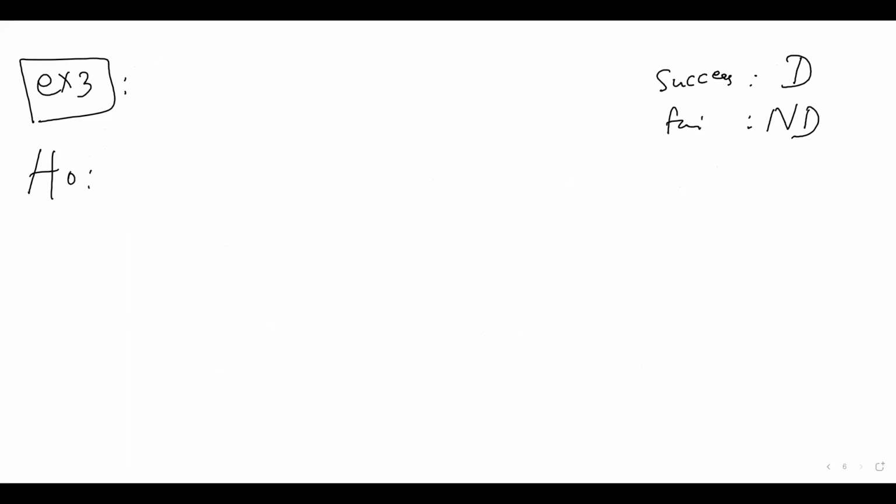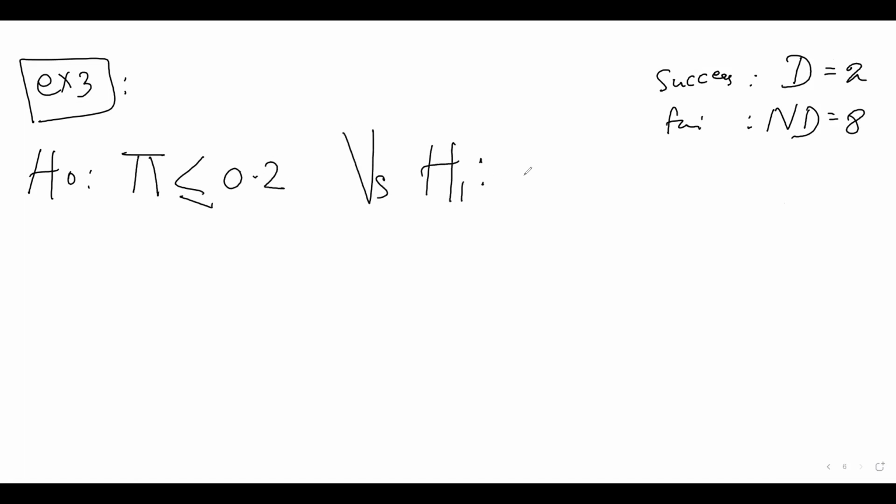In the question it says we have a sample of size 10, with 2 defects. So if it is size 10, we have 8 non-defects. H0 is what? Pi is less than or equal to 0.2 versus H1, pi is greater than 0.2.